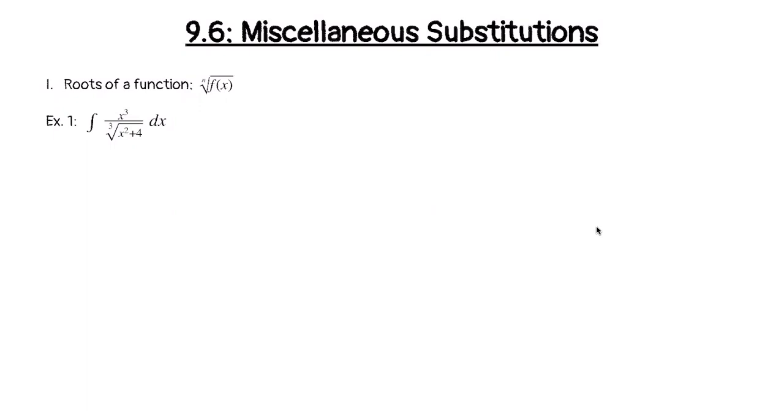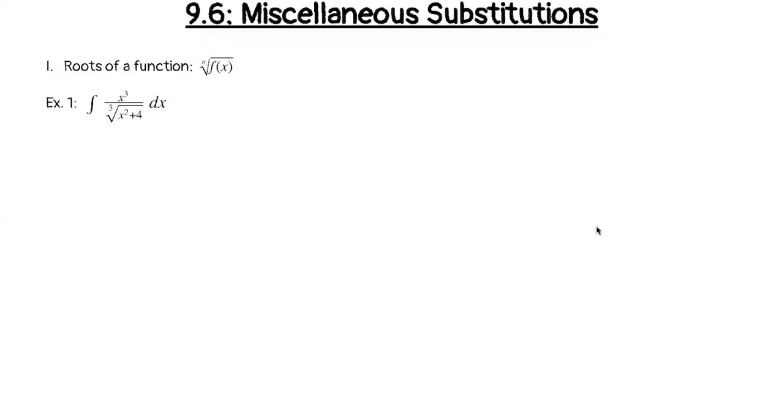So there's more than one way to approach a single problem. Okay, so let's take a look at this first half of section 9.6. We're going to be looking at situations that have a root of a function. More specifically, we're looking at roots that are not necessarily square roots, but might include cube roots and other roots other than just a square root, okay?